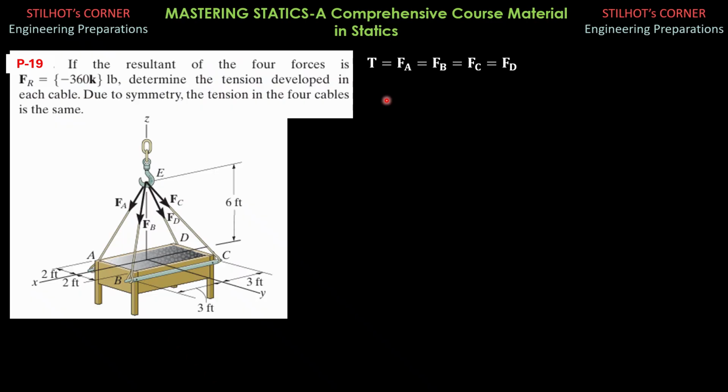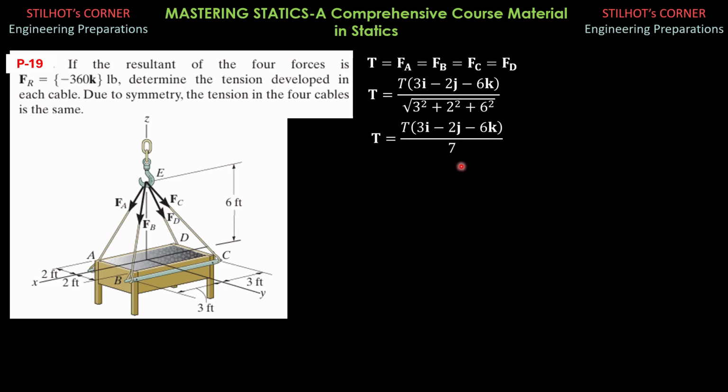So vector T is equal to the magnitude of T times the quantity 3i minus 2j minus 6k over the square root of 3 squared plus 2 squared plus 6 squared. So T is equal to T times the quantity 3i minus 2j minus 6k over 7.